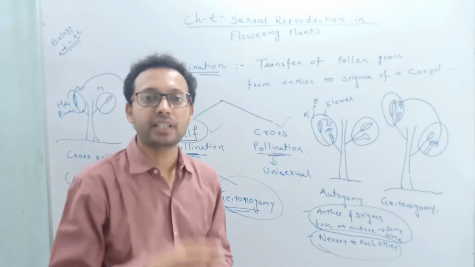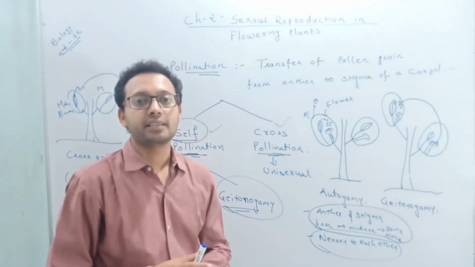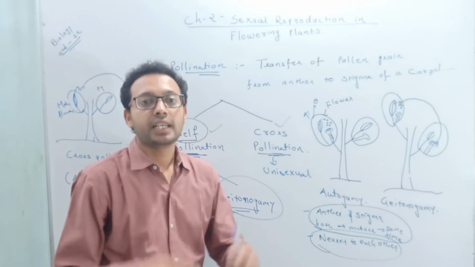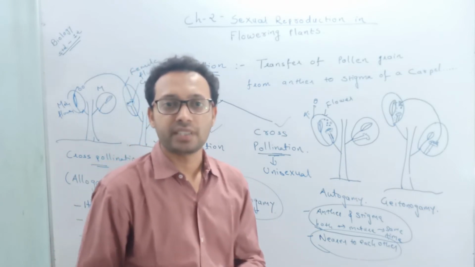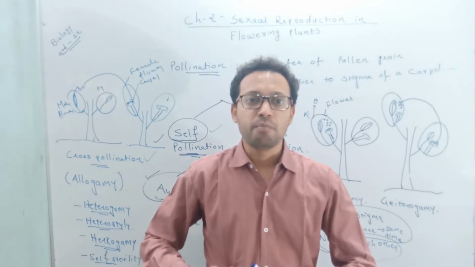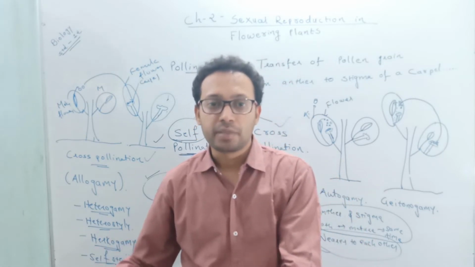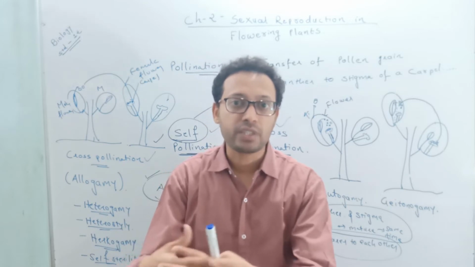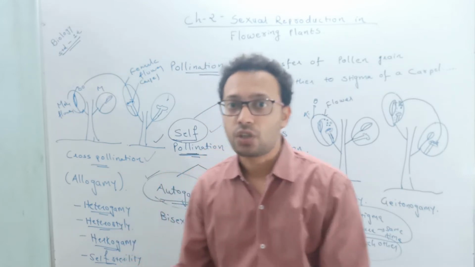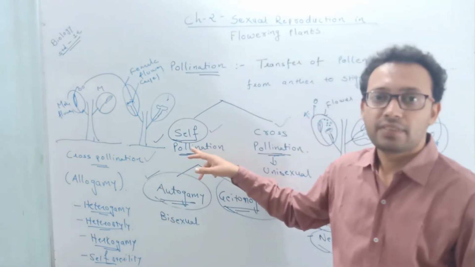Transfer of pollen grain occurs within a plant, and that causes inbreeding depression. What causes inbreeding depression? That's why we are not marrying our brother or sister or siblings, close relatives, because this is a kind of self-fertilization.